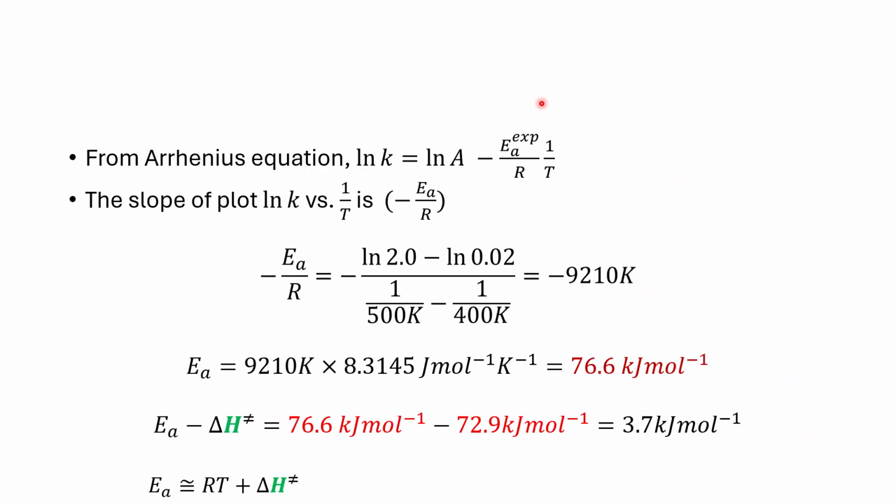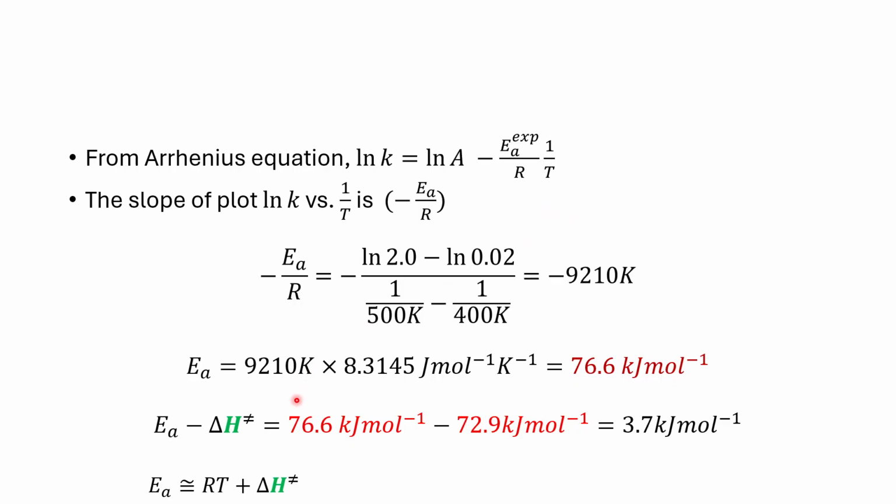To determine the Arrhenius activation energy, Ea, using the kinetic data provided, we start with the linear form of the Arrhenius equation, ln k equals ln A minus Ea over RT.